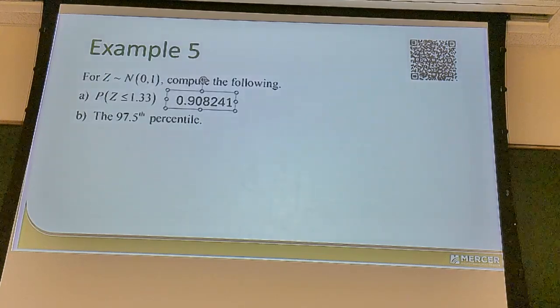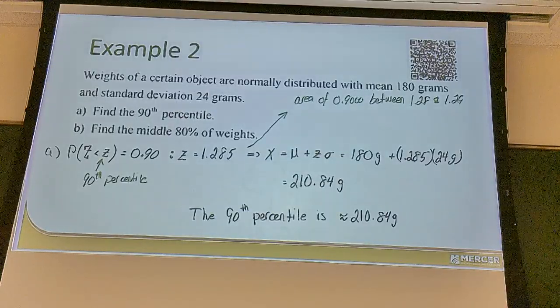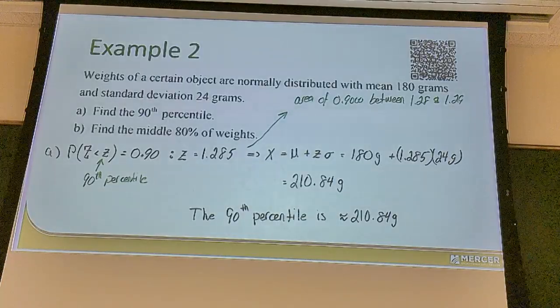If you're looking at the table, what area would you use to find the z-score?